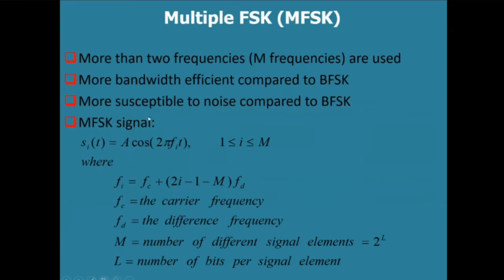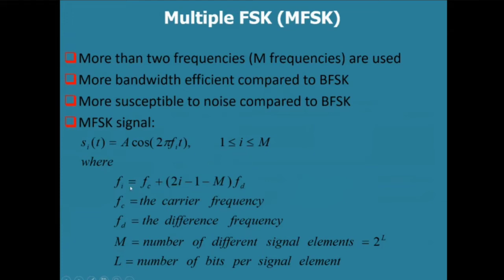The MFSK signal is s_i(t) equal to A cos 2 pi f_i t, where i ranges from 1 to M. M is the number of different signal elements.